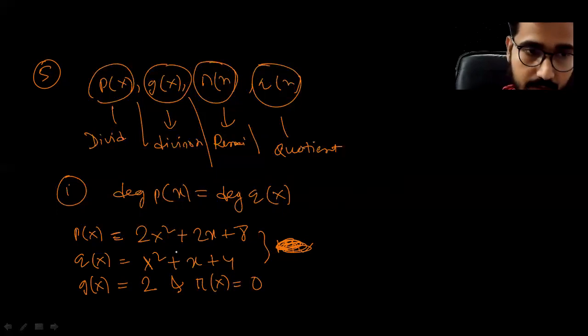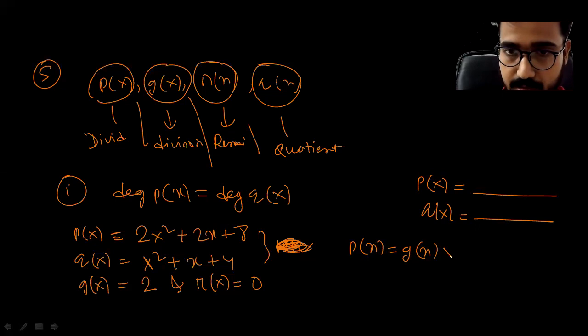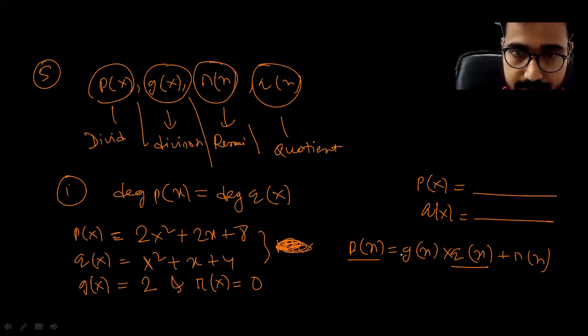Now see, we have taken one polynomial p(x) and one polynomial q(x). We know p(x) equals g(x) into q(x) plus r(x). To know g(x), we have to divide the dividend by the quotient, and take the remainder as r(x).